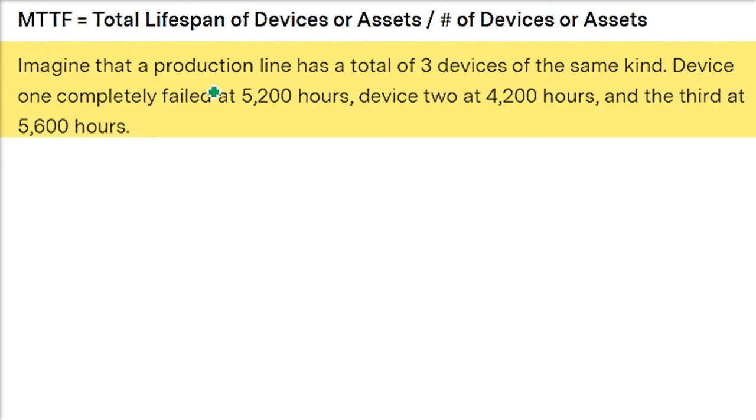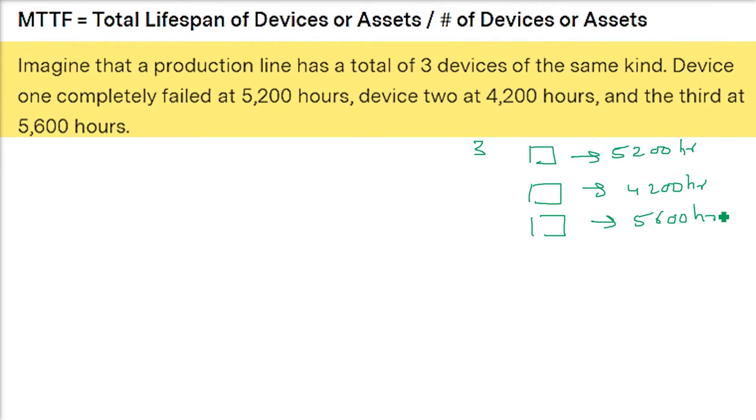One of these 3 devices completely failed at 5200 hours, device number 2 at 4200 hours, and the third at 5600 hours. Okay, let us try to find the MTTF, mean time to failure.